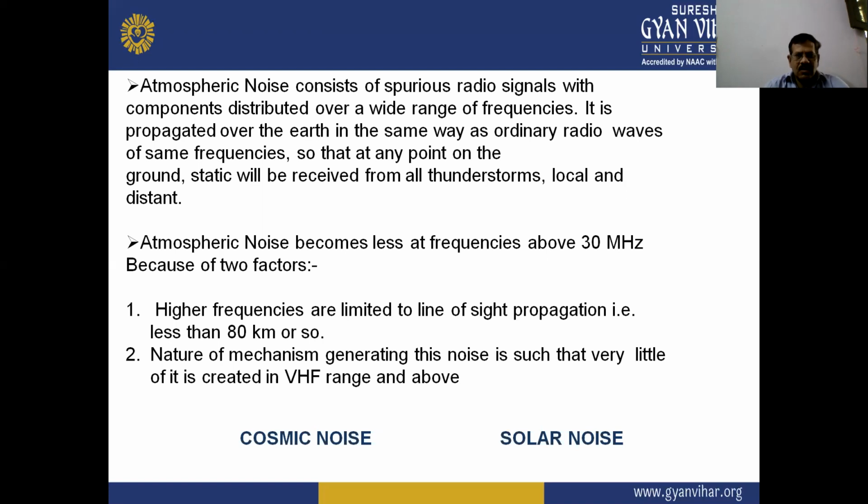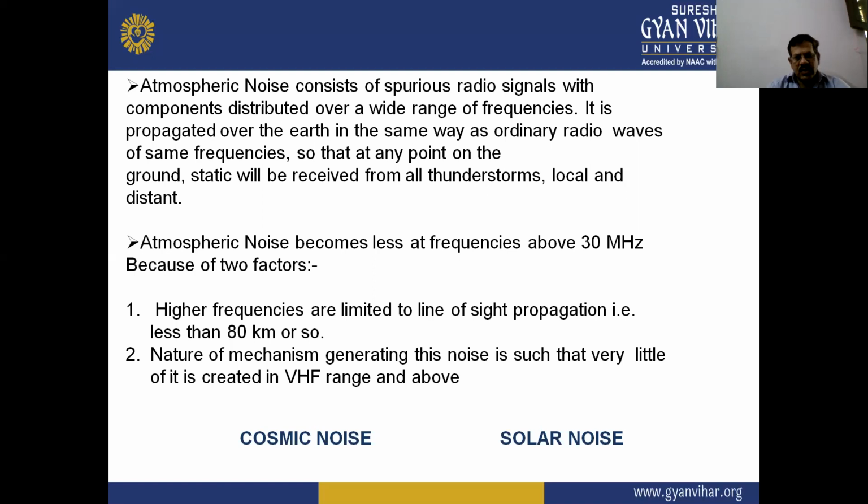Second, the nature of the mechanism generating this noise is such that very little of it is created in the VHF range and above. VHF is the very high frequency range, which has the range of 30 megahertz to 300 megahertz.